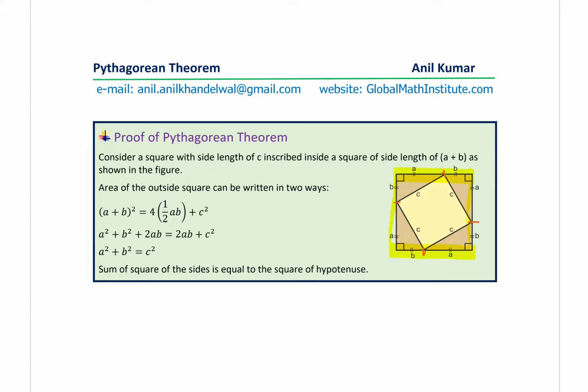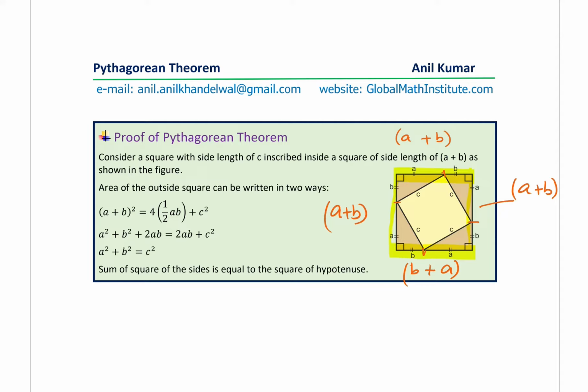This length is b plus a. The square has all equal sides, and this length here is also a plus b, and the length here is also a plus b. So we have the outside square with side lengths of a plus b.